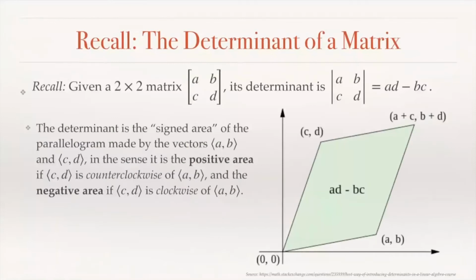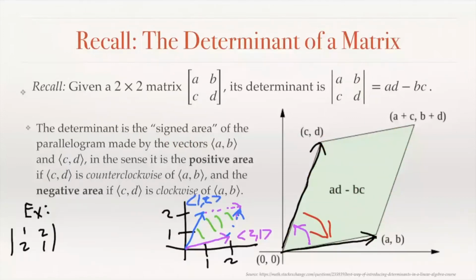Given a 2x2 matrix ABCD, if we consider the vector CD and the vector AB, they form this parallelogram, and the determinant AD minus BC is the signed area of this parallelogram, in the sense that if we move counterclockwise in accordance with the right-hand rule, the determinant will just be the area, while if we move clockwise, then the determinant will be the negative area.